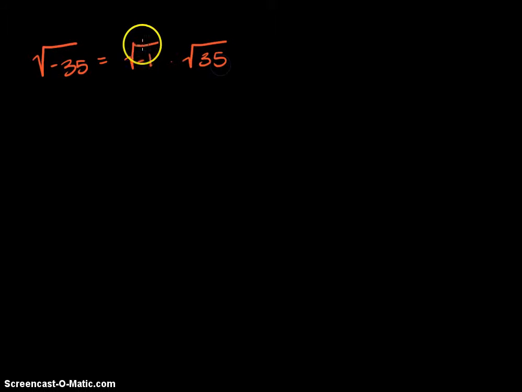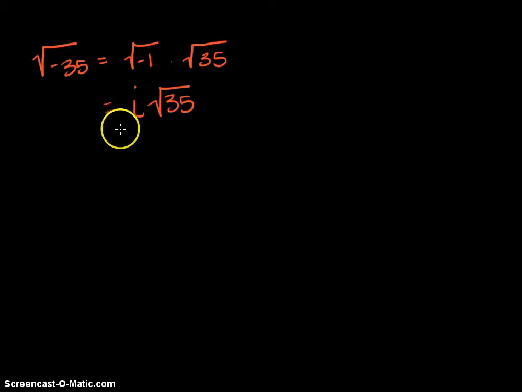Let's talk about the square root of negative 35 real fast. This can be broken up into the square root of negative 1 times the square root of 35. And we say that the square root of negative 1 is the number i, so i times the square root of 35.